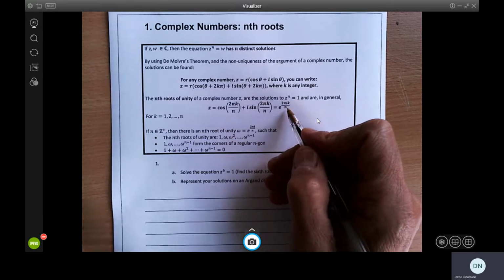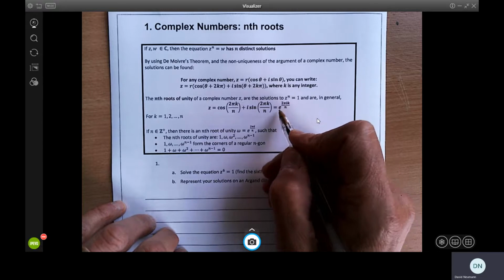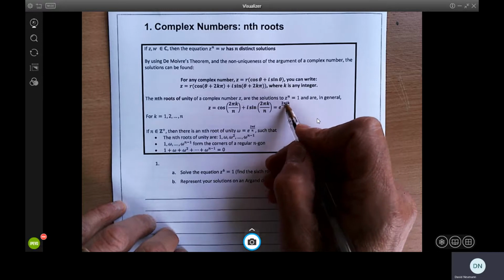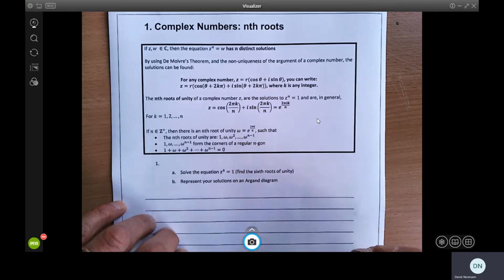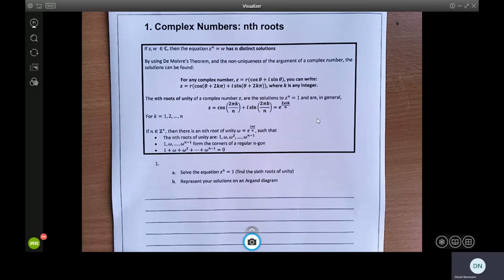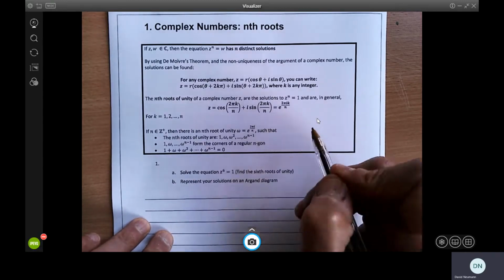So if we just think about what happens when k is equal to n, we're going to get e to the 2 pi i times n over n. So that's e to the 2 pi i, which is just 1. Because if you think about the argument of a complex number which has 2 pi, it's going to be on the positive side of the real axis. Here the modulus of this is 1.